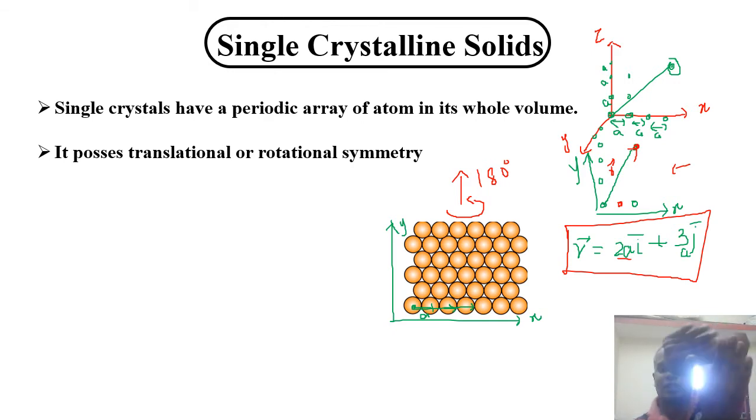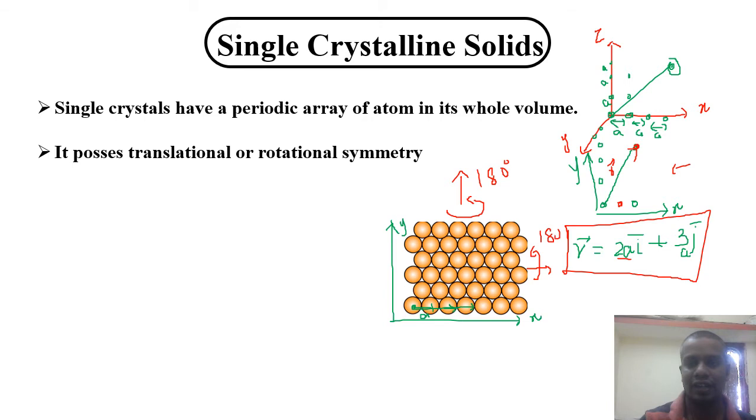Suppose you rotate 180 degrees, then only you can see this atomic arrangement. That means it will remain the same configuration. After 180 degree rotation, it will remain the same along the y direction. You can even rotate about the x axis 180 degrees. After rotation of 180 degrees, again the atomic arrangement will be the same. This is a kind of symmetry we call rotational symmetry.